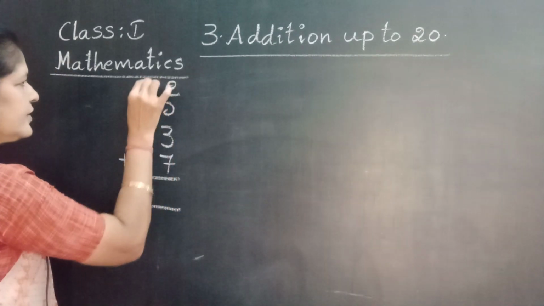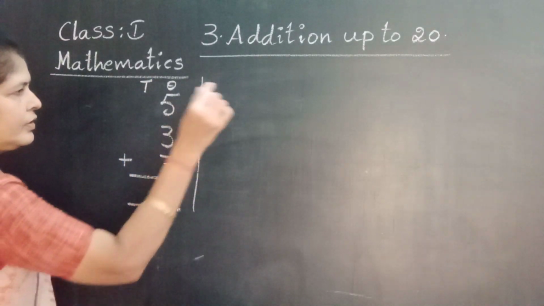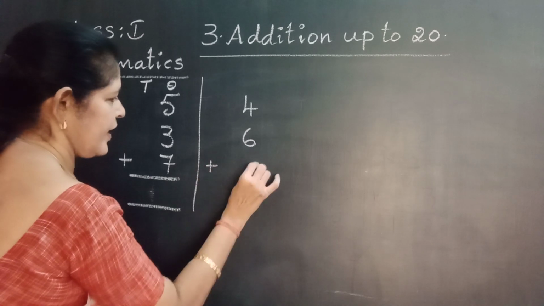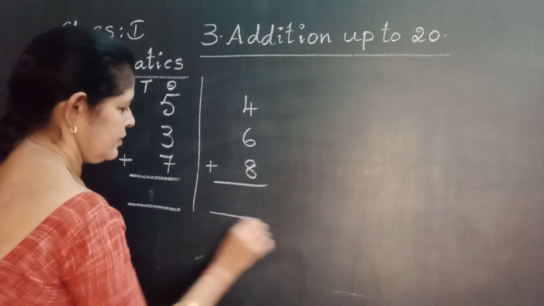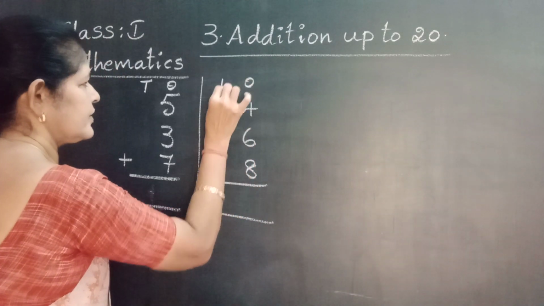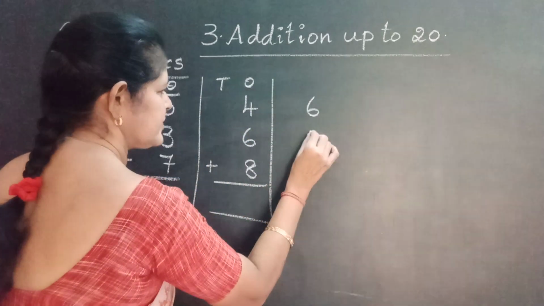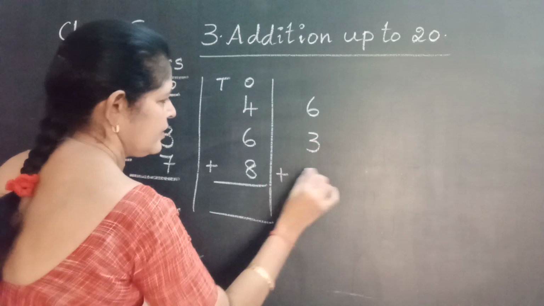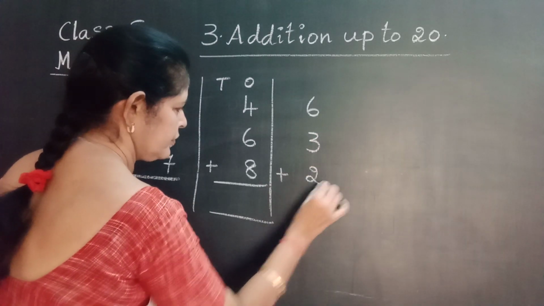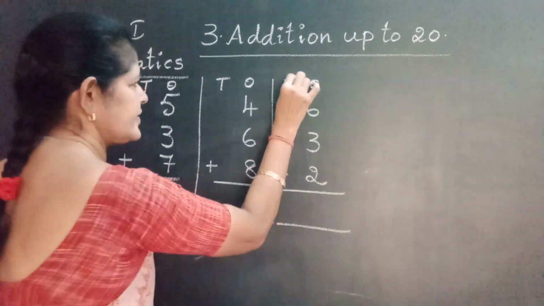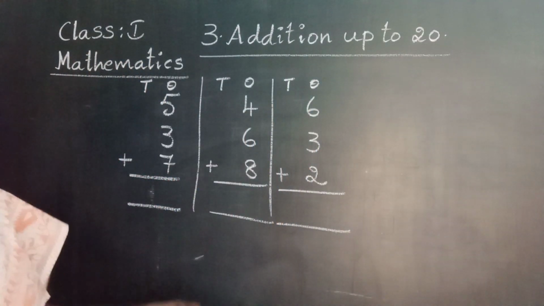Ones place, tens place. 4 plus 6 plus 8. Ones place, tens place. 6 plus 3 plus 2. Ones place, tens place. Come on, my dear children.